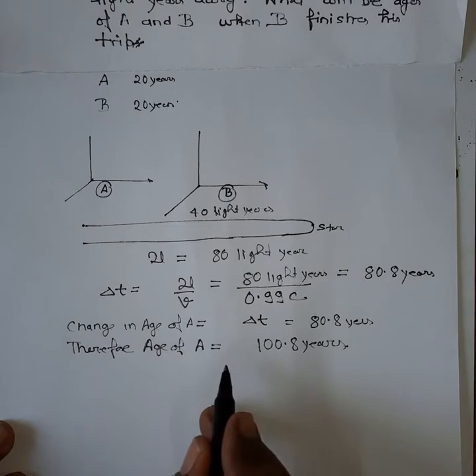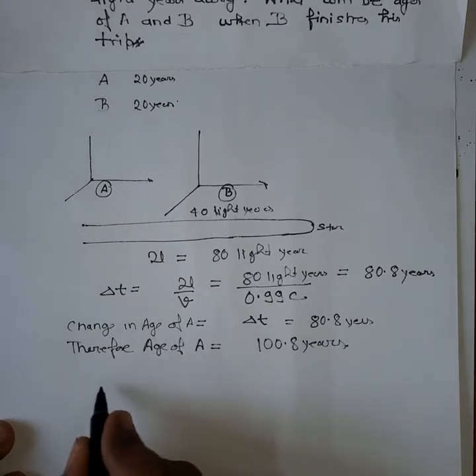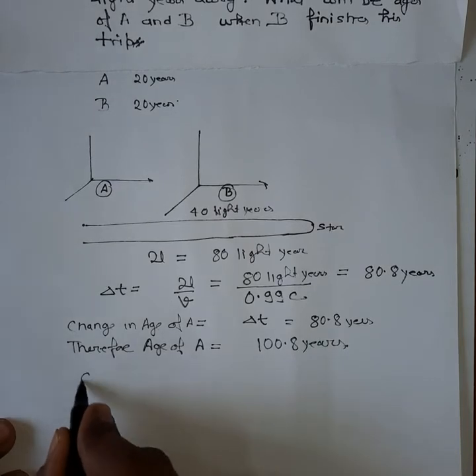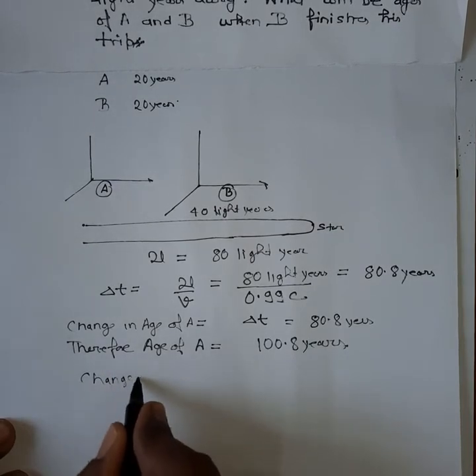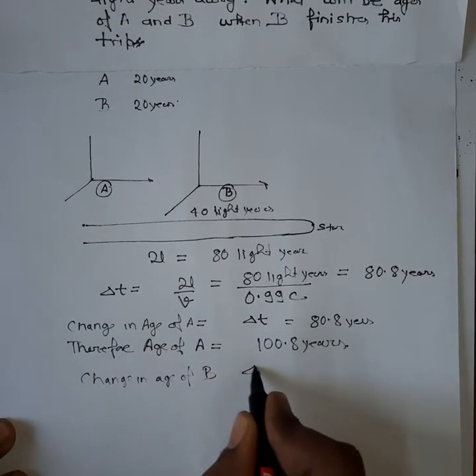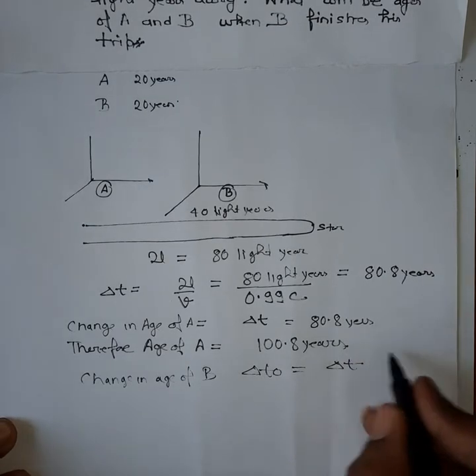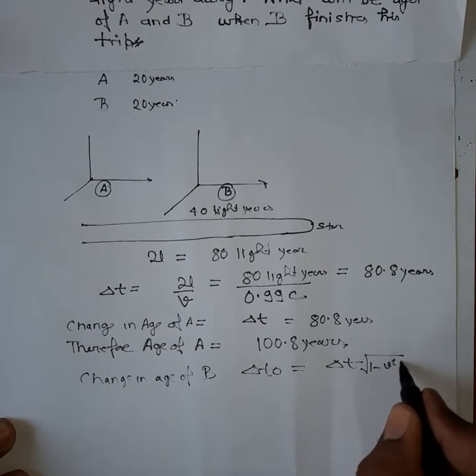Now we have to find out what is the age of B. So to calculate the age of B, we must know the change in age of B. The change in age of B will be given by delta t naught is equal to delta t multiplied by square root of 1 minus v square by c square.